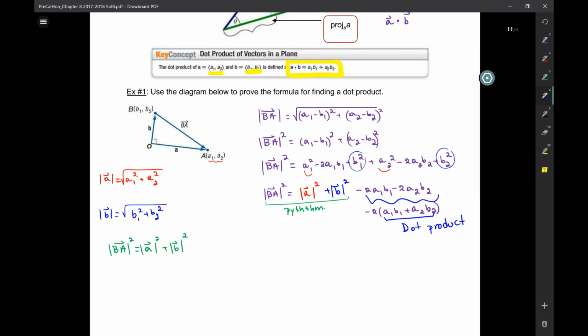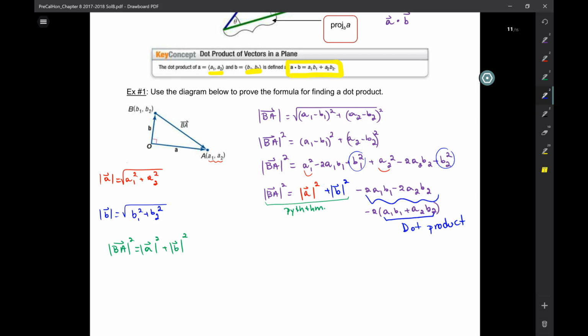If the angle were less than 90 degrees, would the length of BA be less than or greater than what we got? It's less than. How much less than? This much less than. So if they're at 90 degrees, how much should all of that equal? Zero. So that's the meaning of the dot product. That's one way to see the dot product.